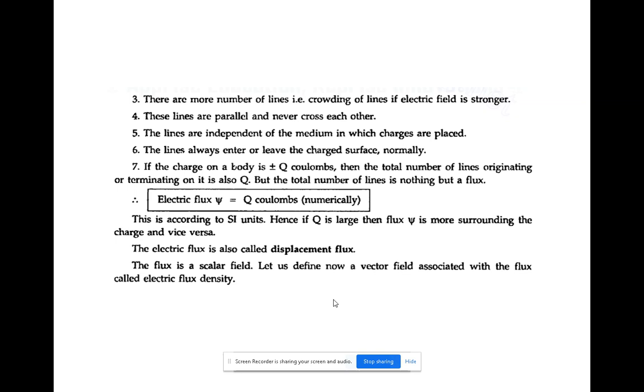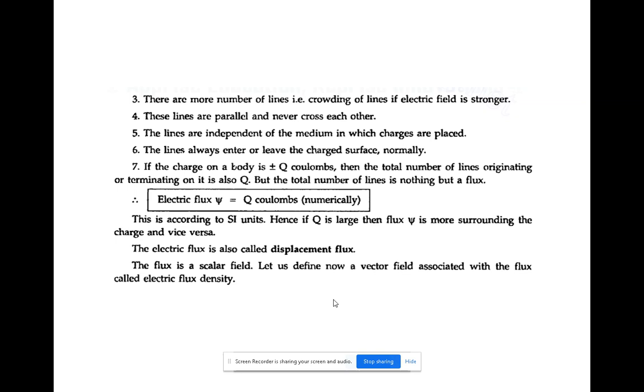It is represented by psi equal to Q coulombs. Numerically we can represent it like this. The electric flux is also called the displacement flux. Flux is normally a scalar field.